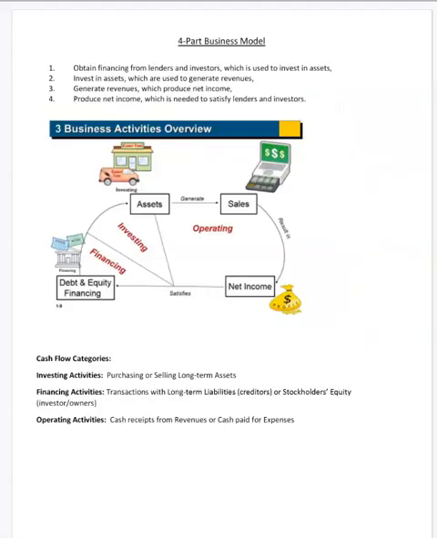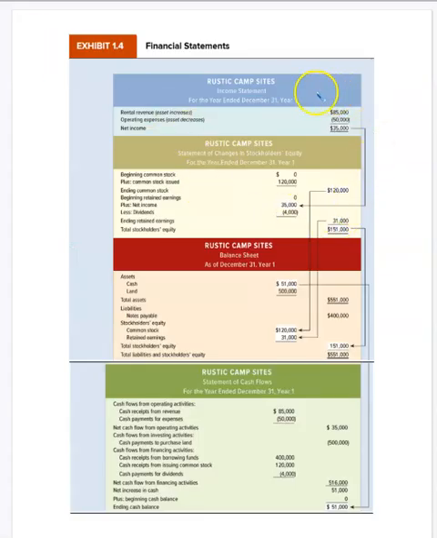I want to go back and review the financials. So here's an example out of your book. So we did net income, then we did stockholders' equity where we had common stock, and then we had retained earnings. Notice net income was pulled into retained earnings.